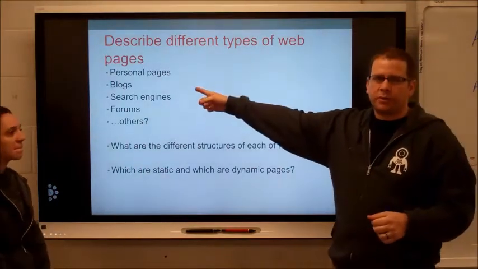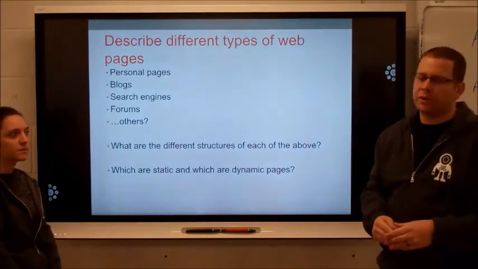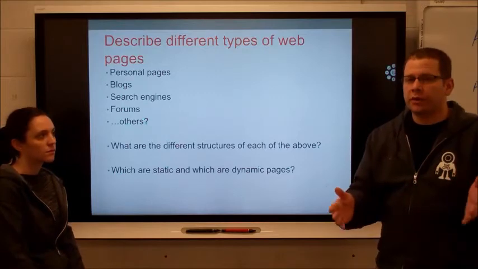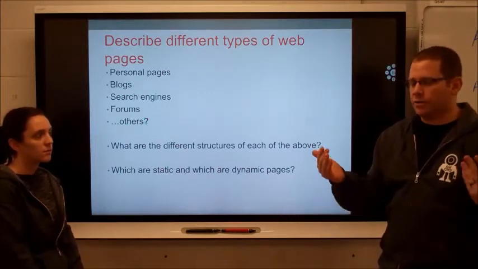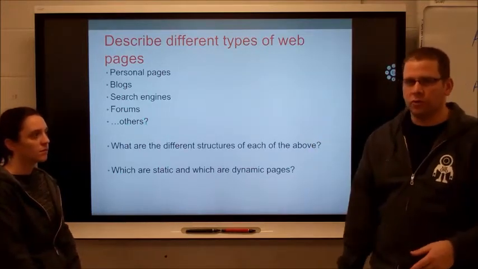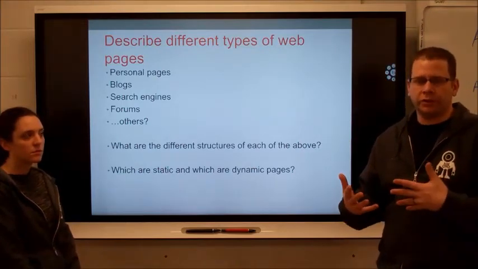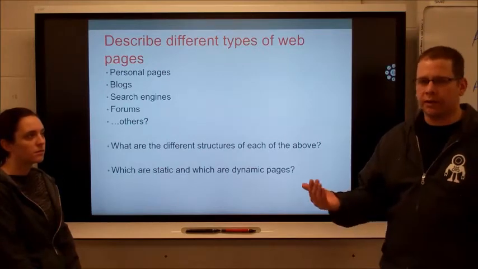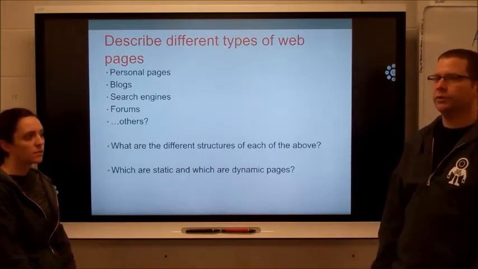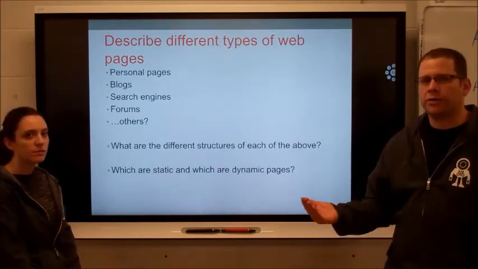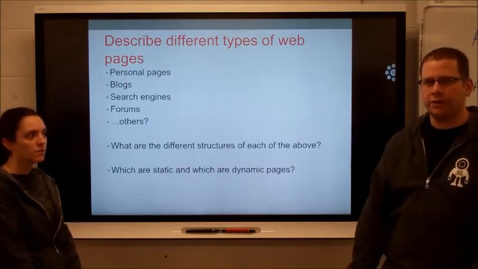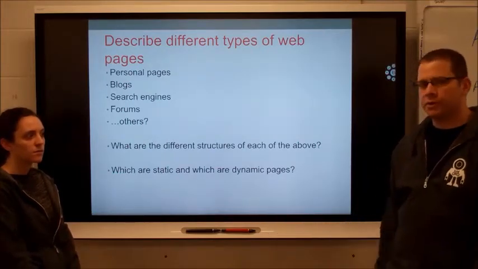Search engines. I just want to talk about that because when I was writing the notes, I remember there are more than just Internet Explorer, Edge, Mozilla Firefox and Google Chrome. There are a lot of others that we don't really use, and we don't really know their names because they're not so widely used. But just do a quick search on Google of different search engines, and you'll find out how many different search engines there are.